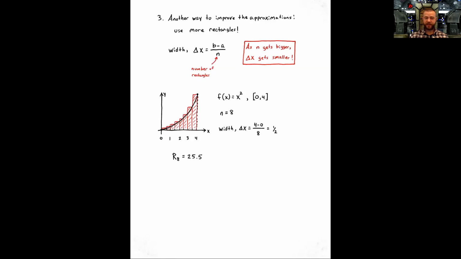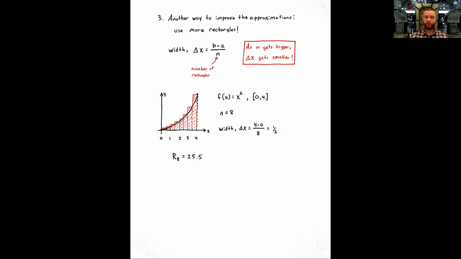If you were to sketch this, it's not too bad. Hopefully the visualization looks all right. We have 8 rectangles. The right endpoint approximation is still an overestimate, but notice it looks like a little bit better approximation than what we had earlier using just 4. This one's a little bit tedious, but give yourself an attempt at it, either pause the video or wait until the lecture ends. You should find that the right endpoint approximation comes out to 25.5.